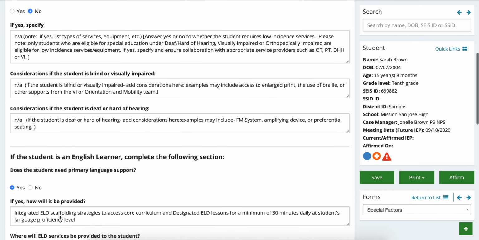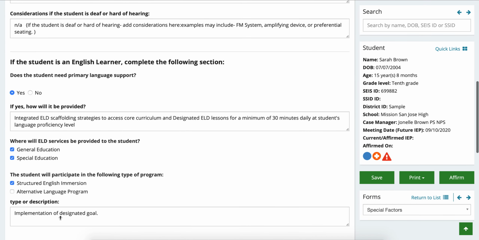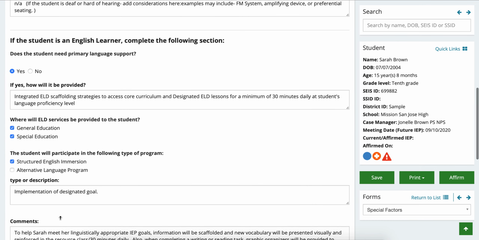All right. And we're going to be moving down to the English learner section. So here, if the student's an English learner, complete the following sections. Does the student need primary language support? Yes or no. You're going to want to know if your student's an English learner. You can look on the info and eligibility page.